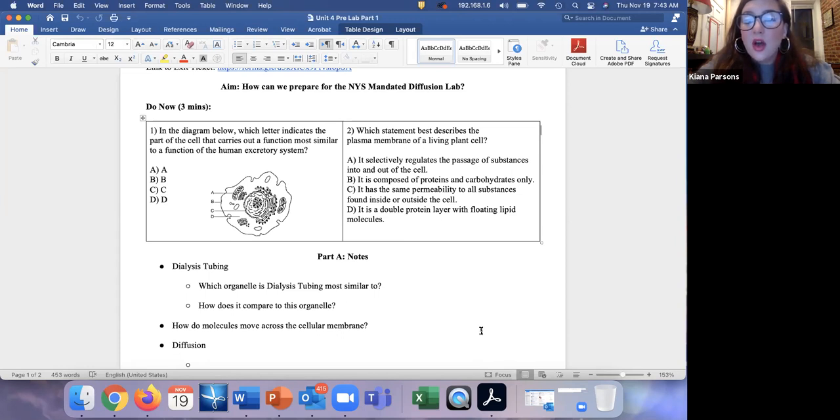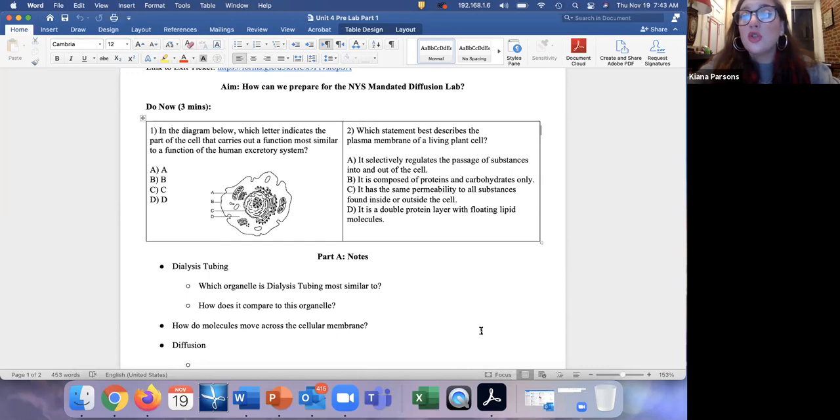A. There are proteins and carbohydrates in the cell membrane, but as we know, it is a phospholipid bilayer, and that is critical to its selective permeability, the special property that selectively regulates the passage of substances into and out of the cell. It doesn't have the same permeability. That's the neat thing about it. It's selectively permeable.